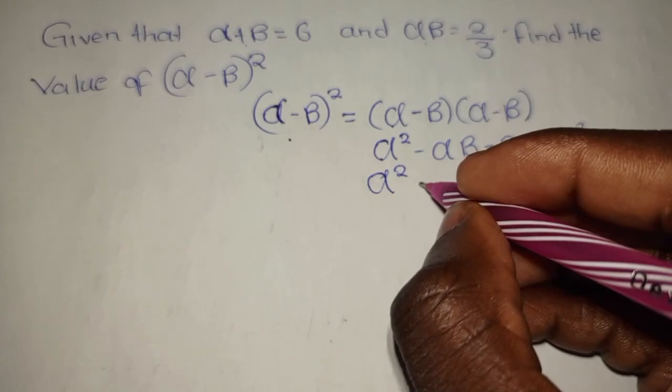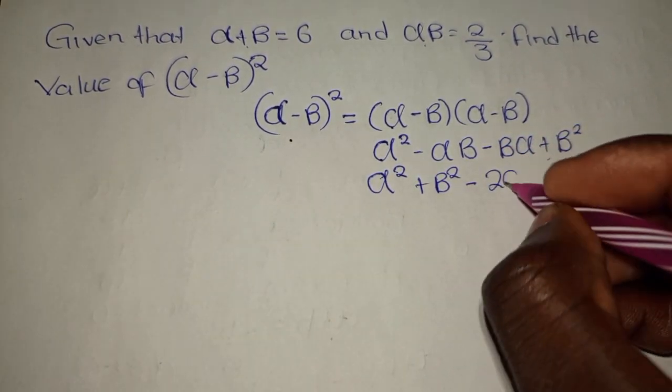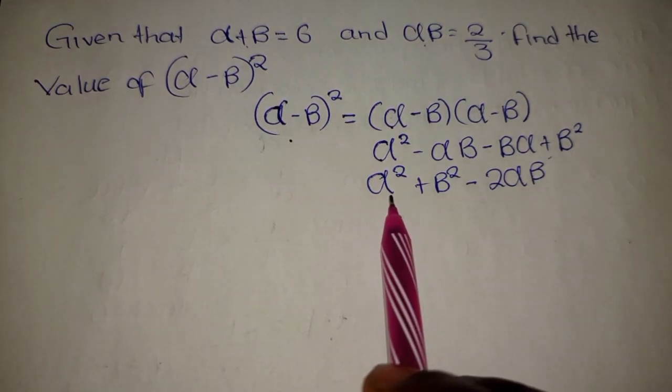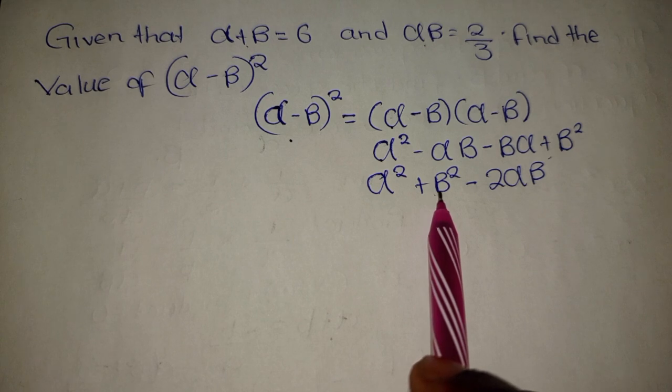So we'll have alpha squared plus beta squared minus 2 alpha beta, where you know for sure that we will never be given the value of alpha and beta in squares.